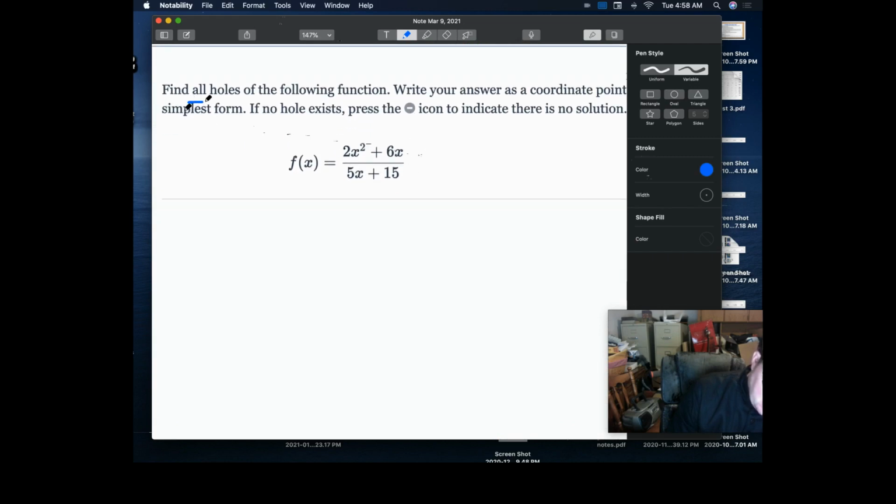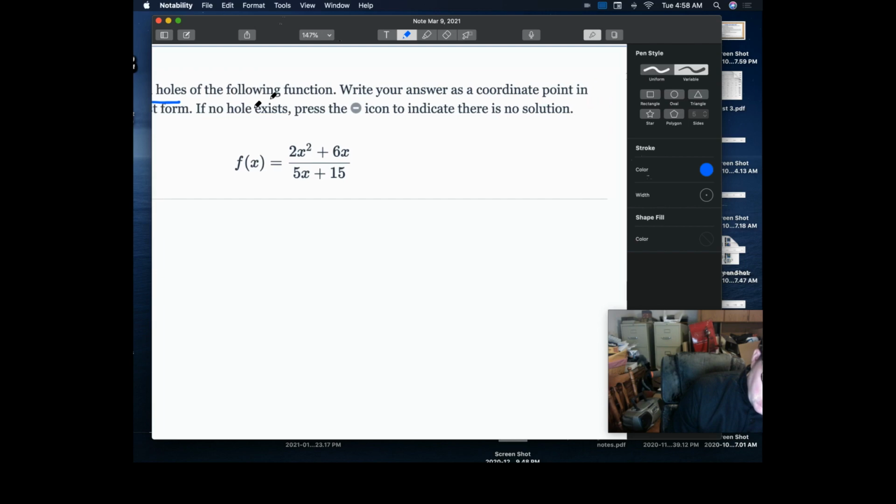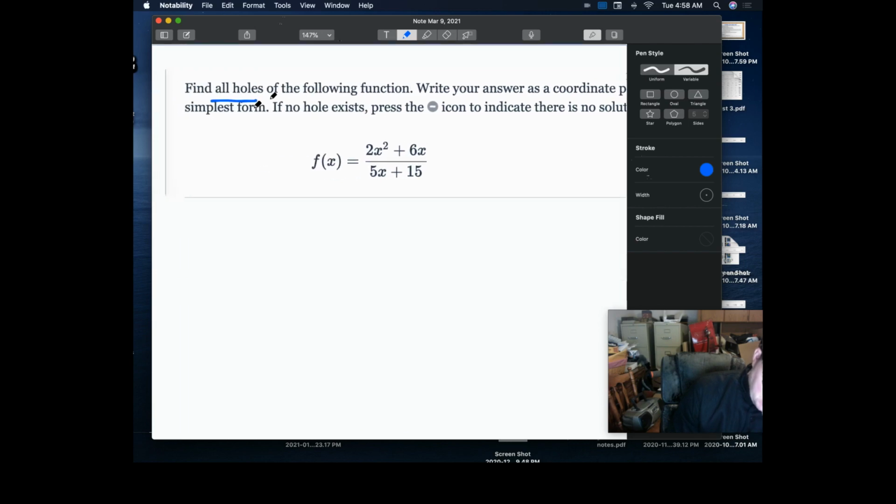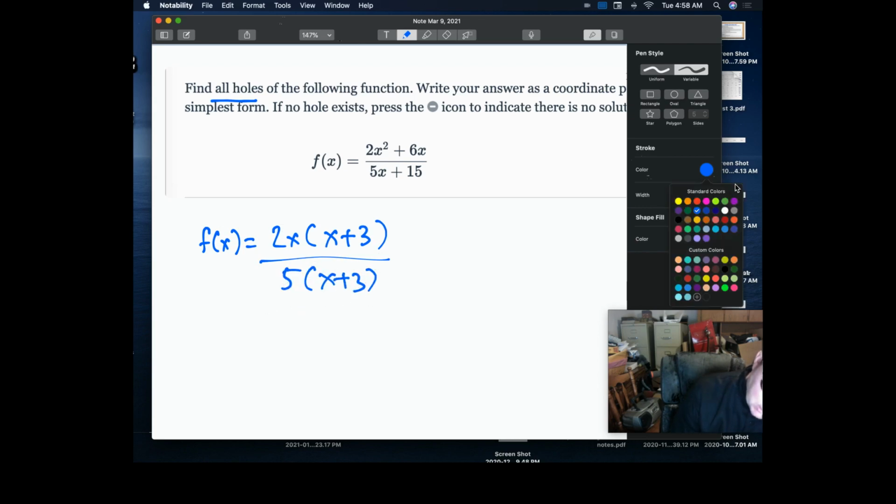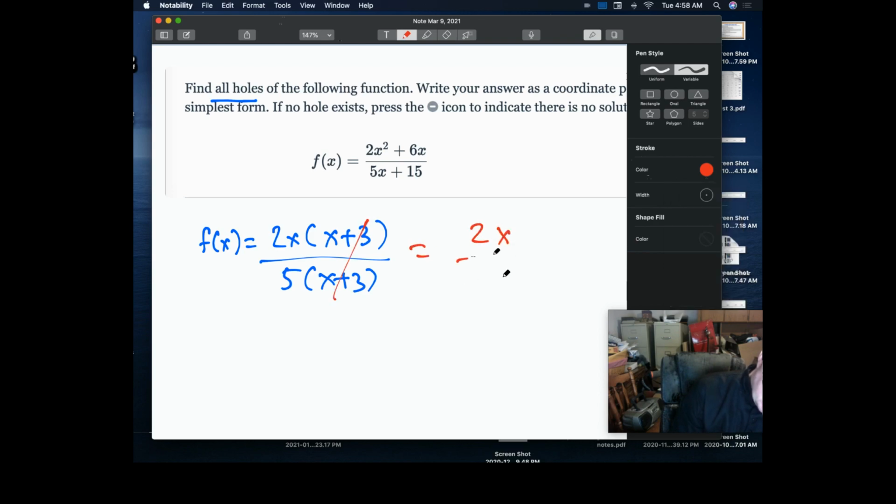All right, so this one's saying find all holes. Your answer is a coordinate pair. So again, what am I going to do? I just said it: factor. 2x, x plus 3. The bottom, we're going to factor out of 5, x plus 3. Interesting. So x plus 3 divides out, and we're left with 2x over 5.